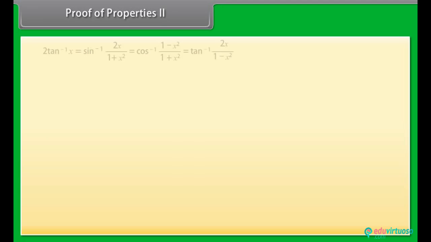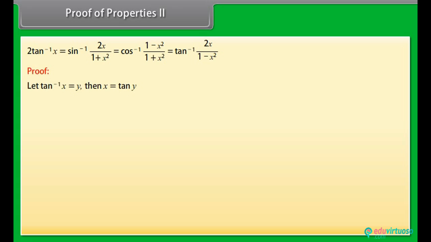Proof of properties 2. 2 tan inverse x is equal to sine inverse 2x by 1 plus x square, which is equal to cos inverse 1 minus x square by 1 plus x square, which is equal to tan inverse 2x by 1 minus x square. Proof.